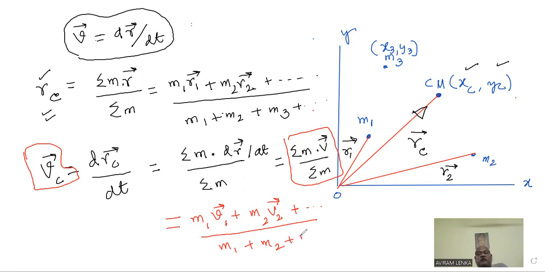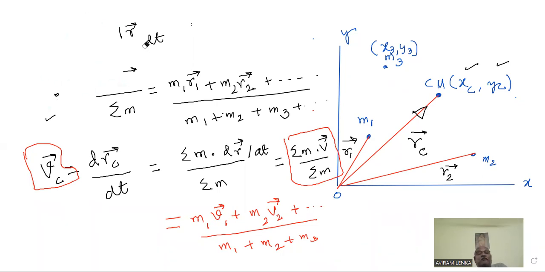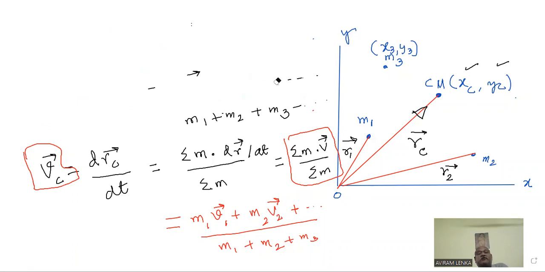And if you consider this velocity formula of the center of mass and again differentiate with respect to time, then velocity changes to acceleration. Our velocity formula of the center of mass will give rise to the acceleration of the center of mass.